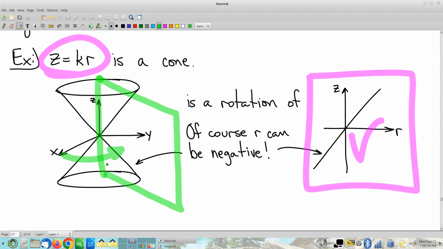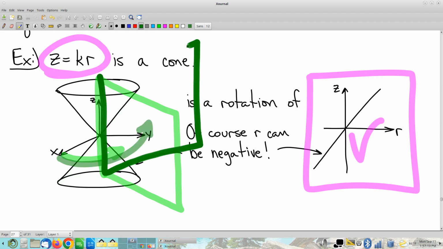For that value of theta, the cross-section of my surface looks like this. It's a line. Now, here's a different value of theta. If I were to let theta go a little further around, for that bigger value of theta, what does that cross-section look like? Well, it looks exactly the same.